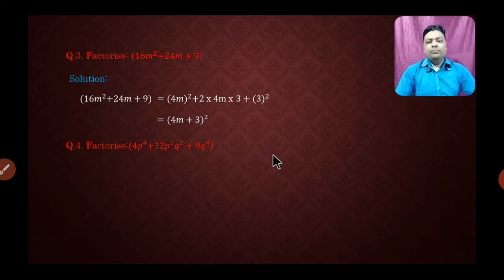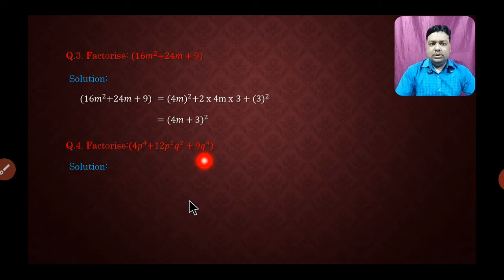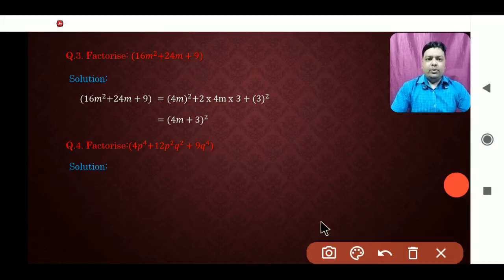Okay, now after that we will see whether the first and the last term are perfect squares or not. Here you can see that 4 is the square of what? 2. Okay, now p⁴, p to the power 4.